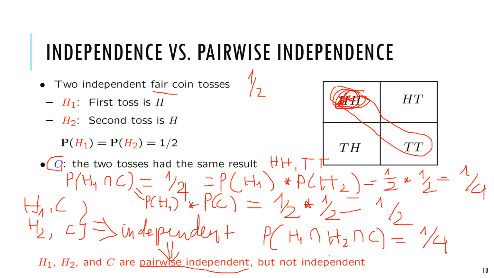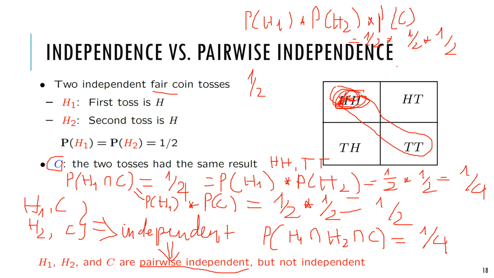But the probability of H1, times the probability of H2, multiplied by the probability of C, equals 1/2 times 1/2 times 1/2, which is 1/8.